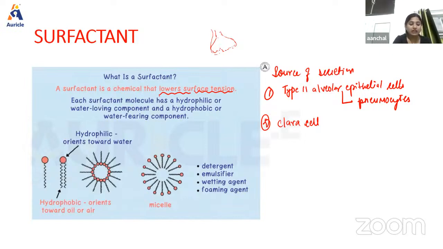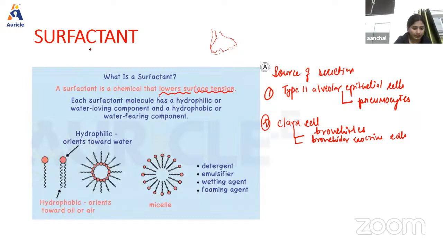Now, Clara cells are situated in bronchioles, and these cells are also known as bronchiolar exocrine cells. Now, talking about the chemistry, what they are made up of.